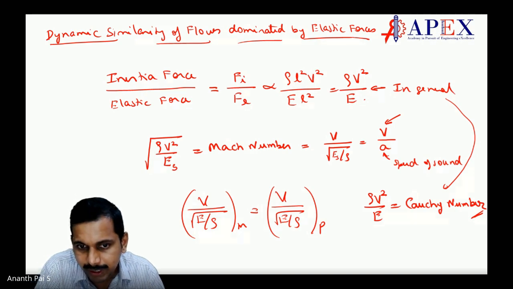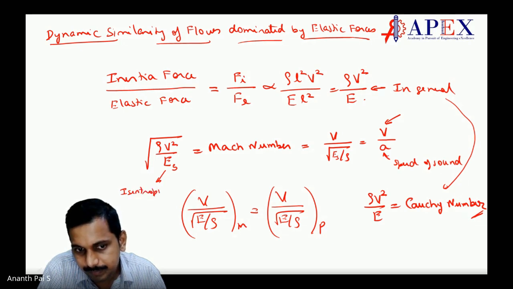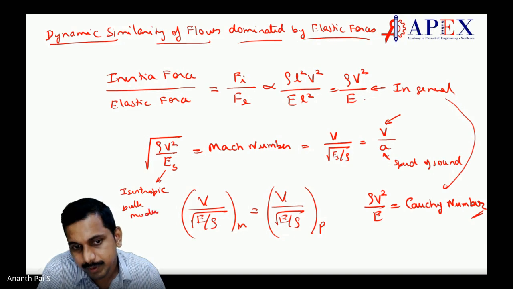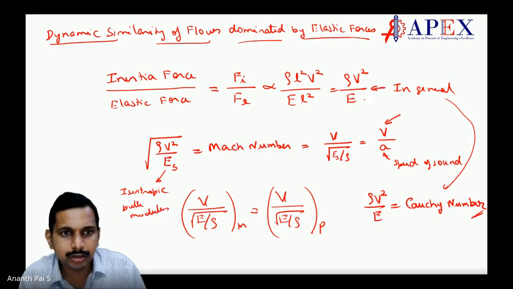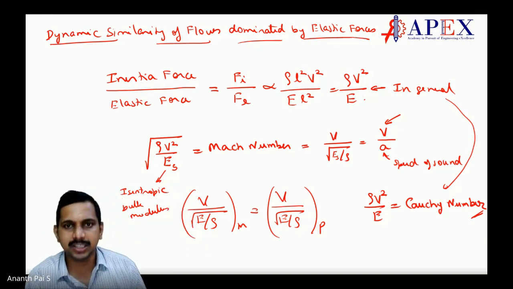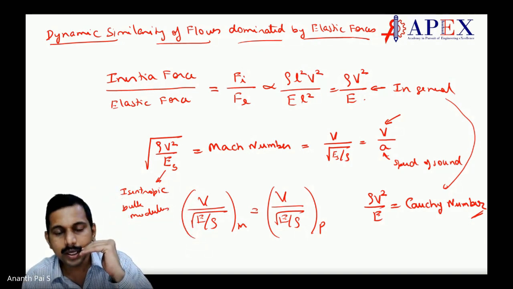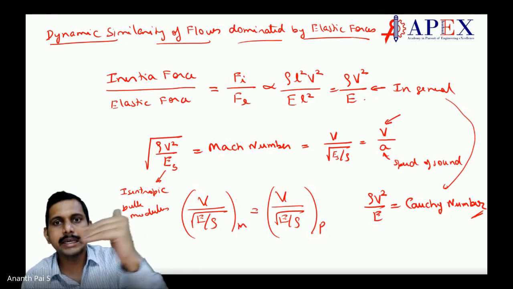Keep in mind this Es is related to isentropic bulk modulus, not anything else. So when you say inertia by elastic force, if it is isentropic flow, then it is Mach number.